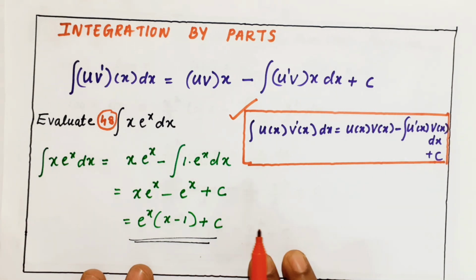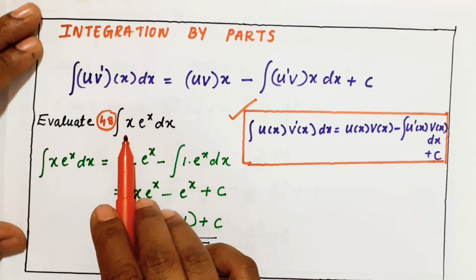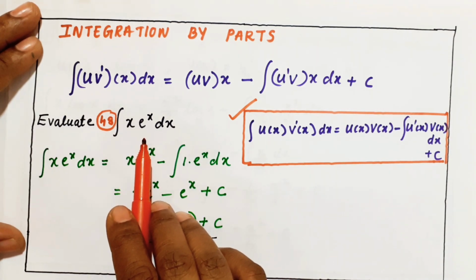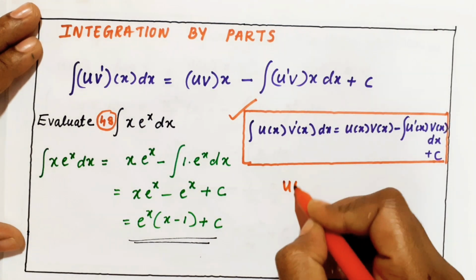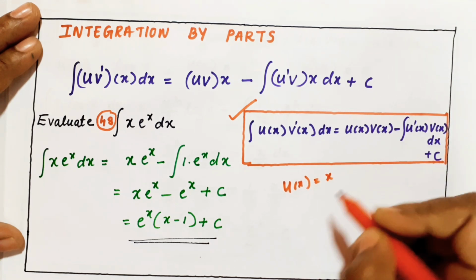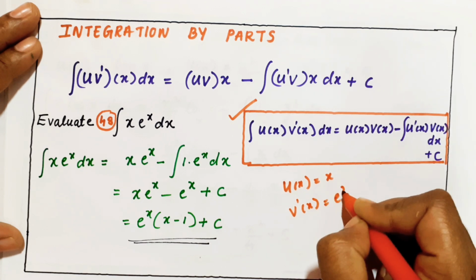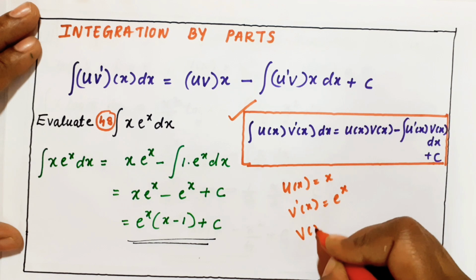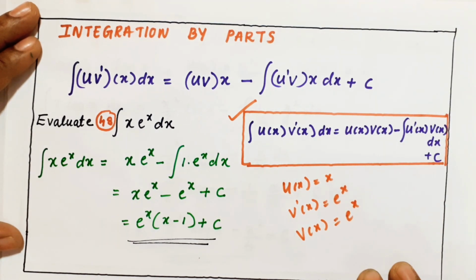So in this case, we are taking the first term as u and the second term as v dash x. According to this question, u of x is nothing but x and v dash x is e power x. V dash x is e power x means we know that v of x also is e power x, because e power x derivative is e power x only.